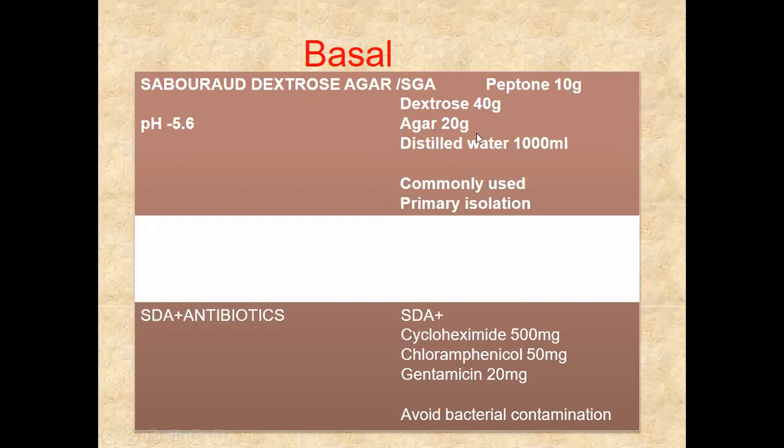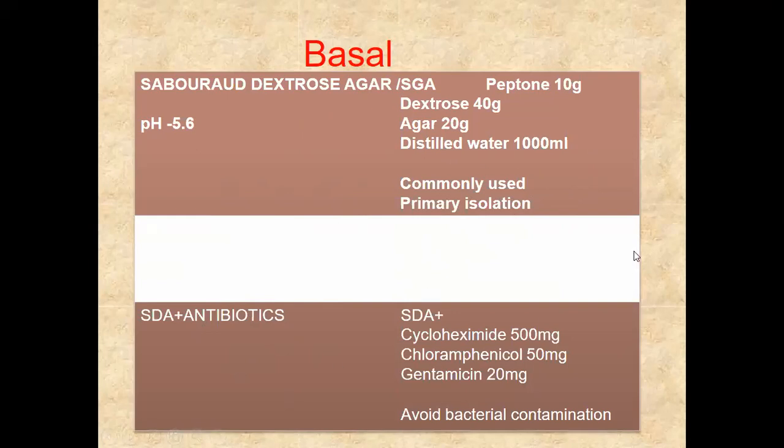This type of medium should be prepared and used for primary isolation. That is, simple types of fungal organisms can be cultured on it and identified very easily. This is a basic, generally used agar medium for culturing fungal organisms. Sometimes some antibiotics are also used in this medium to avoid bacterial contamination.